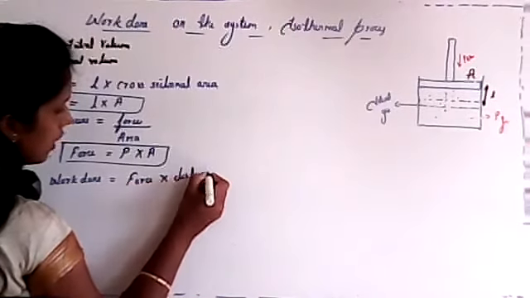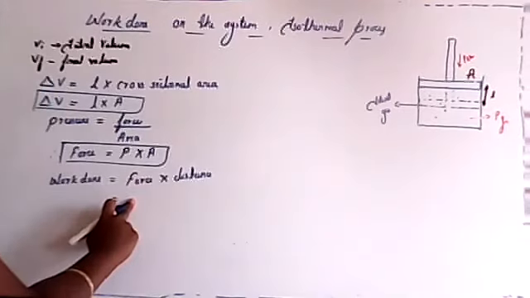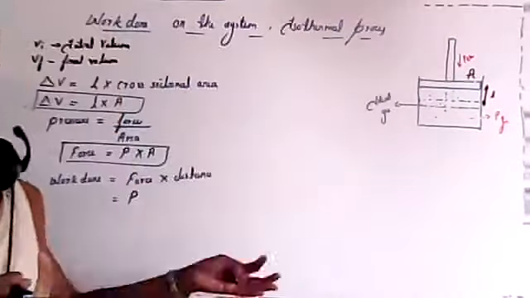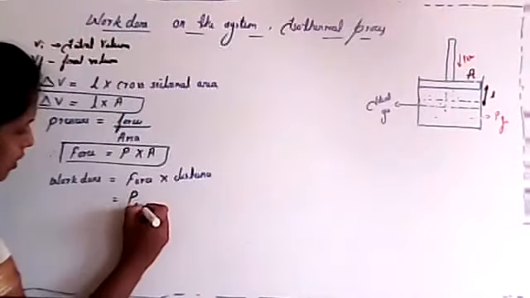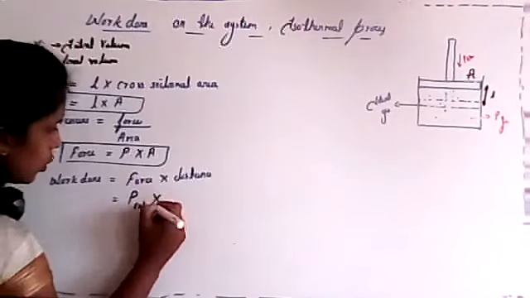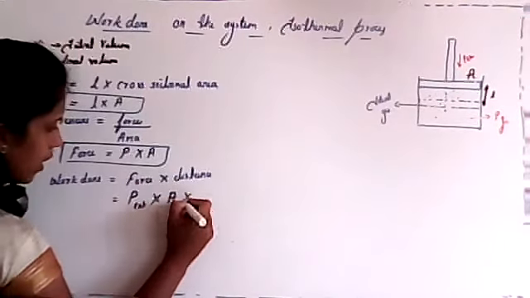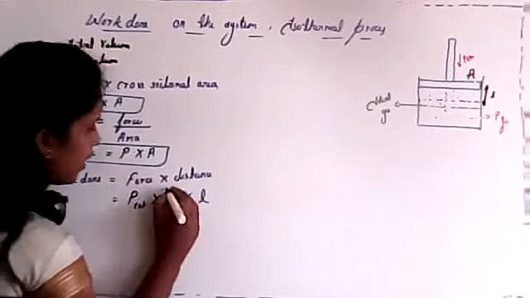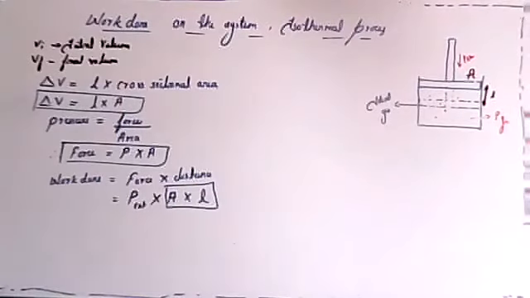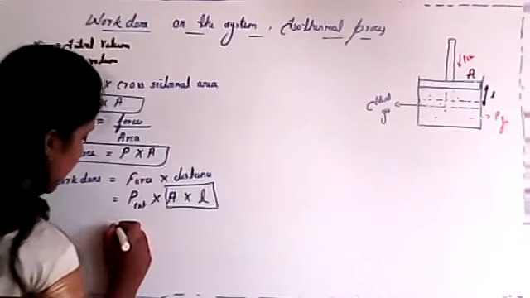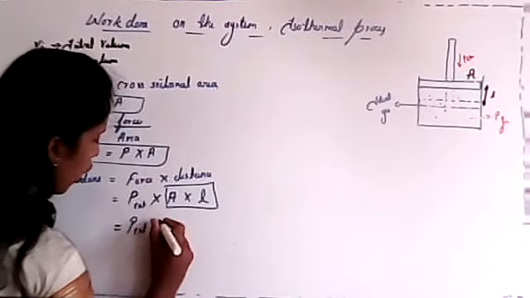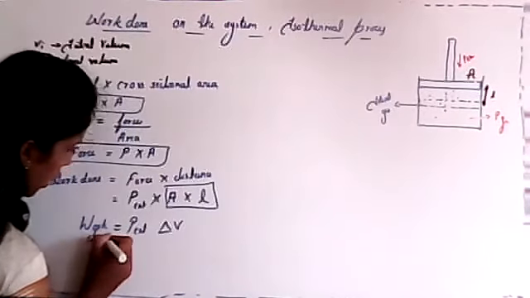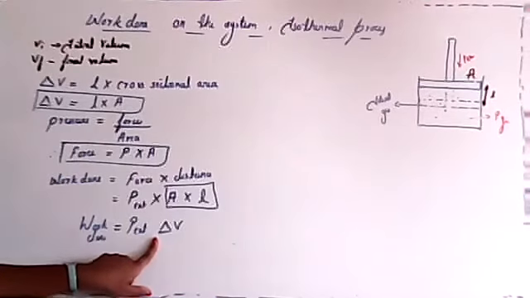Now I'll substitute the values. Here the pressure is the external pressure applied over the system, so I'll consider P external into A, area, into distance L. Clear? So what is A into L? Yes, that is delta V, change in volume. So work done equals P external into delta V.